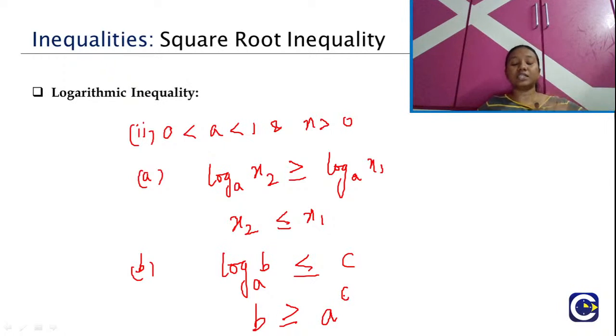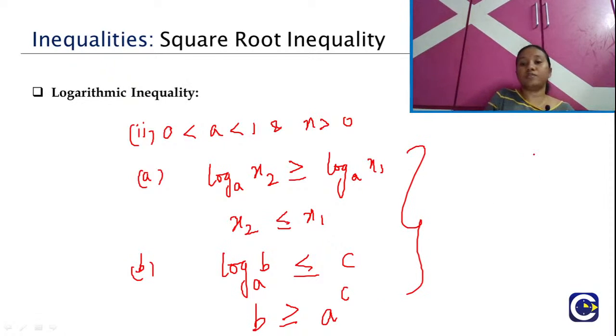So by using these two operations and these two cases, like what happens to the inequality when a is greater than 1, and what happens to the inequality when a is lying in between 0 and 1, we'll be applying these two cases and finding the solution of the logarithmic inequality. I hope you guys understood both of these cases.